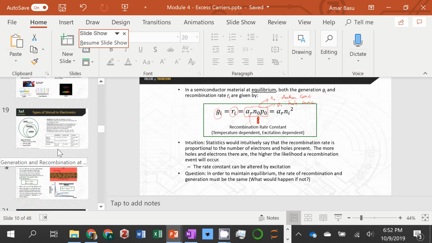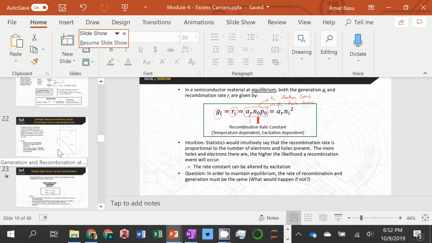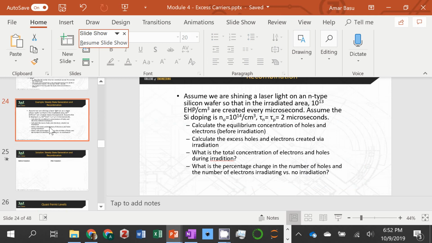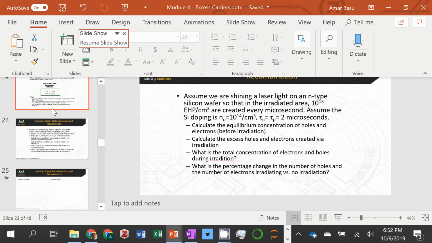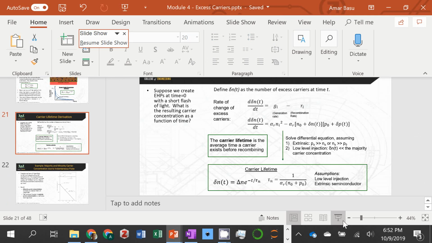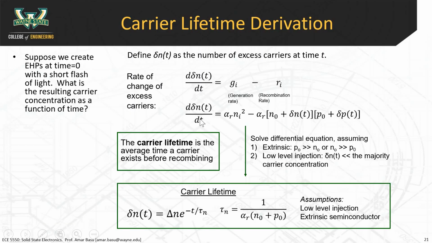At steady state, they're also the same. All right, so the recombination rate is equal to alpha R times N0 plus sigma n times P0 plus sigma p. It's increased because of the excess electrons and holes that you have.